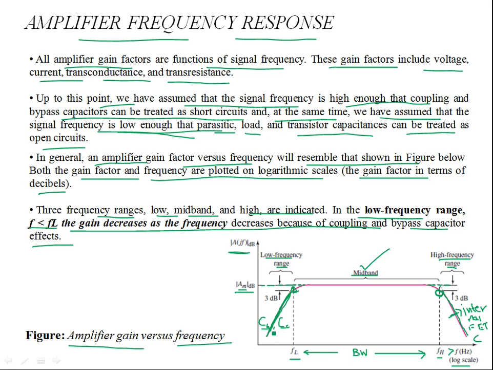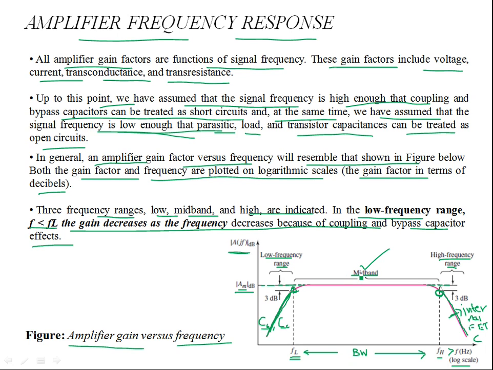When you approach your low frequency point, FL, the response of the circuit before reaching the mid-band should include the effect of bypass and coupling capacitors, because these capacitors will now act as short circuits in the mid-band equivalent circuits.